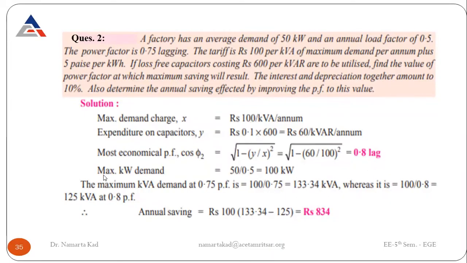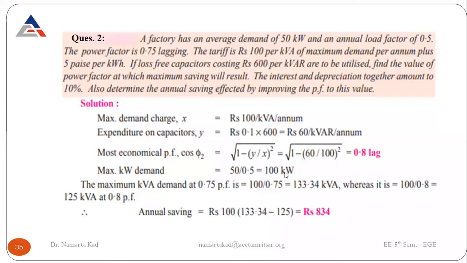So maximum kilowatt demand now comes out to be 50 divided by 0.5. Here it is 50 divided by the load factor 0.5. We know the formula, it is the average divided by load factor.